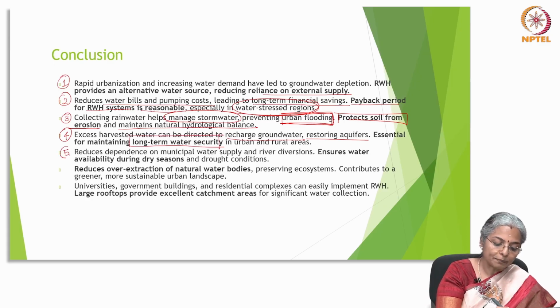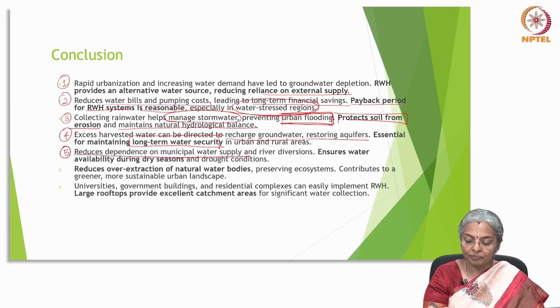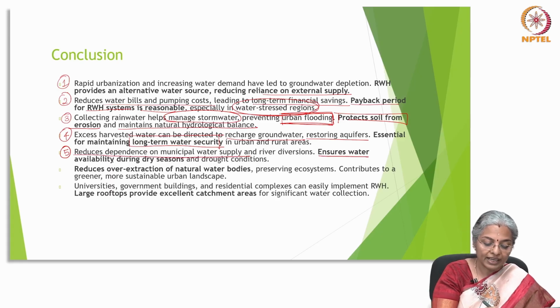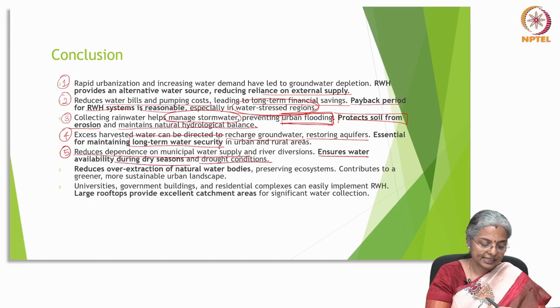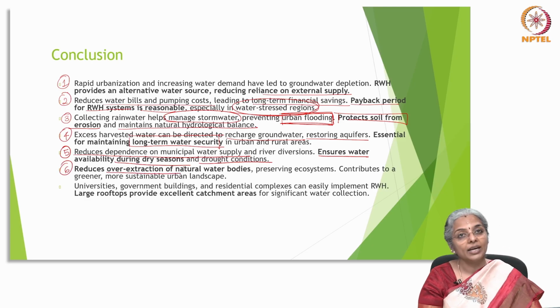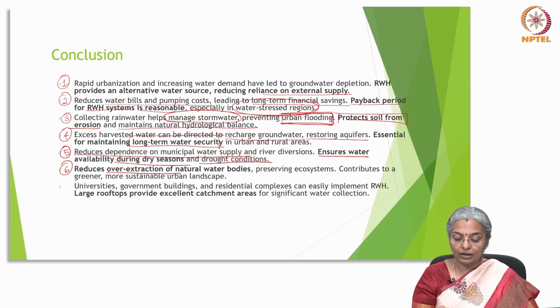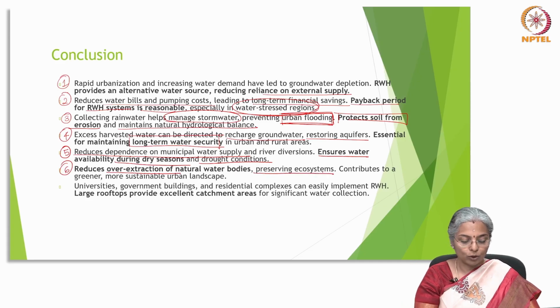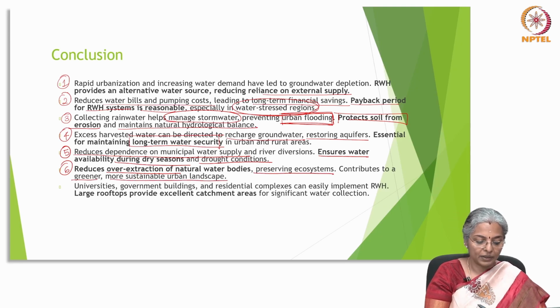A very important aspect that can happen immediately is it will reduce our dependence on municipal water supply, and this will ensure that we have water available throughout the year, irrespective of whether it is a drought condition or a dry season. And then it will reduce over extraction of natural water bodies and underground aquifers. It can preserve our ecosystem and contribute to a greener and more sustainable urban landscape.